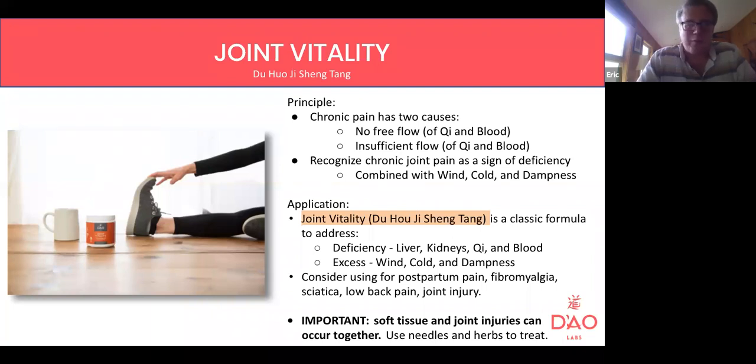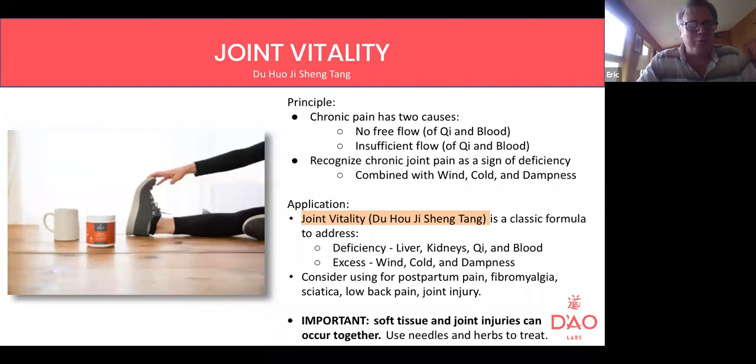That's an important point that I want to end with here, which is that we also want to recognize these two things can come together. I tend to think of them as two basic categories, the soft tissue versus the joint injury B syndromes, but they can come together, and you just need to know how to think about them.